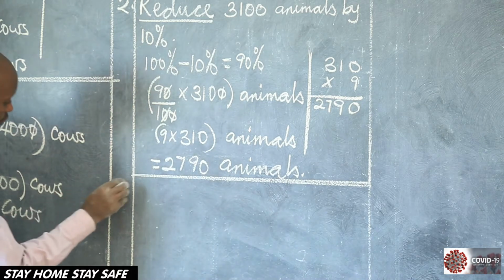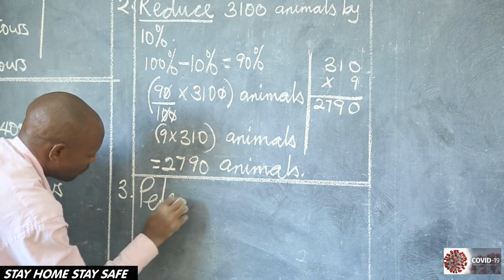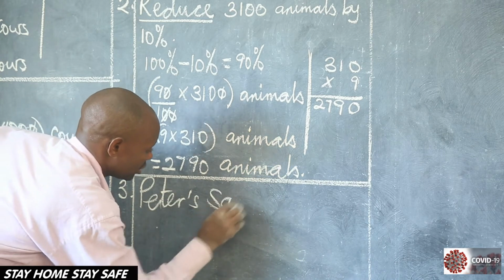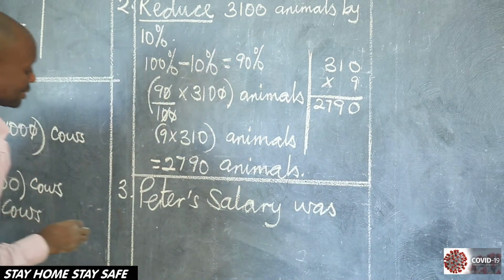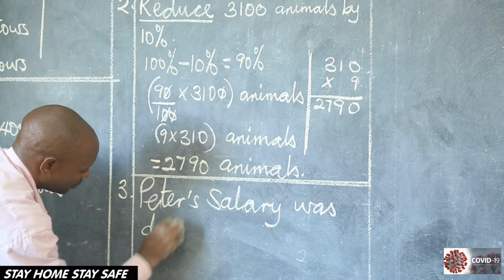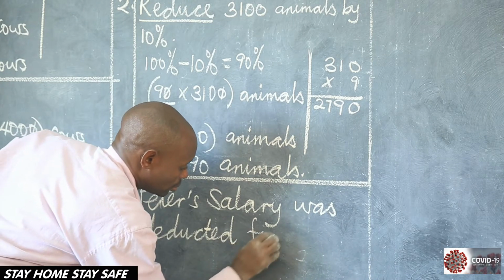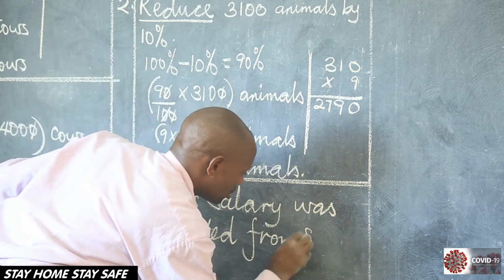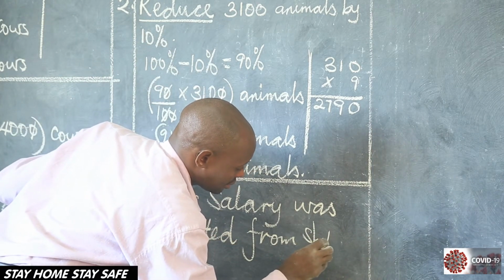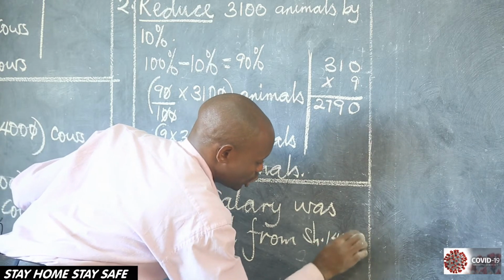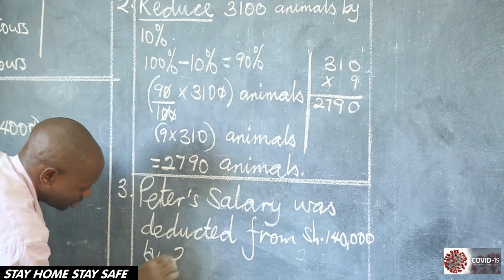For example, somebody may tell you that Peter's salary was deducted from 140,000 shillings by 25%.